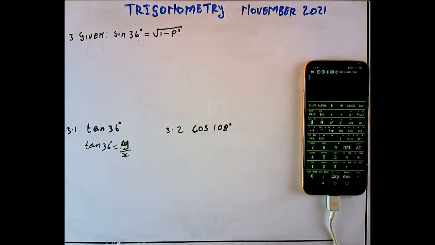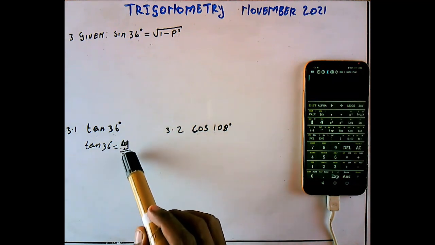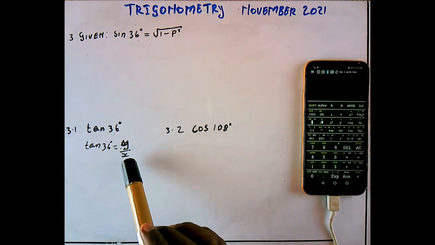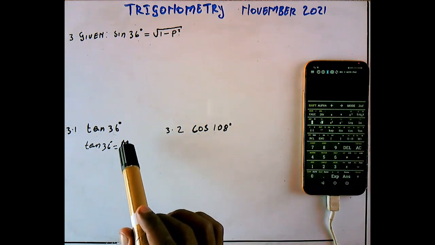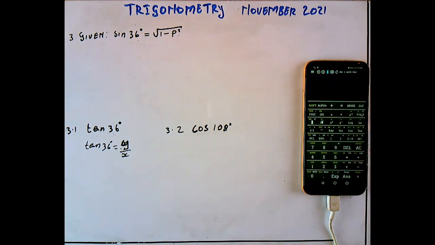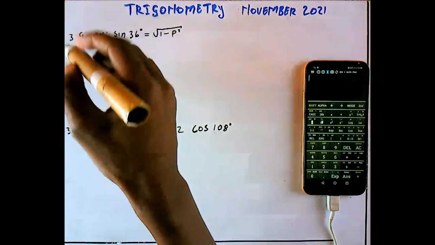So we can substitute y, but we don't have an x. So before we can solve this one, we must find x, y. We must make sure we have x, we have y, we have r. So to find those, we draw a sketch.